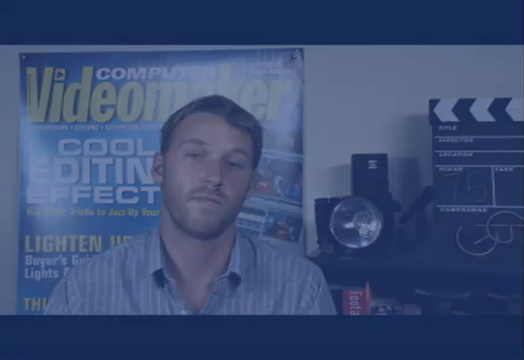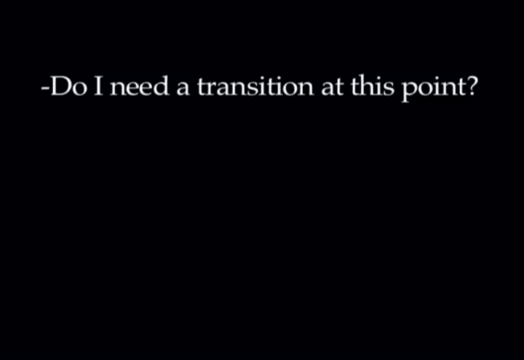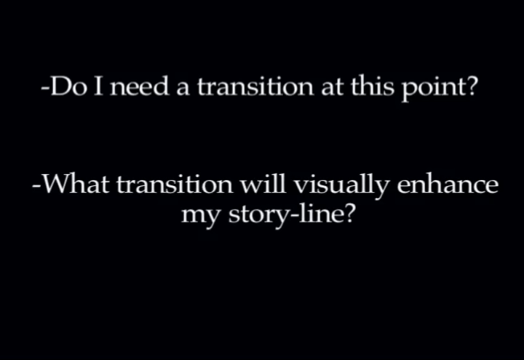So if you're asking yourself, should I place a cut, a fade, or a dissolve in a certain part of your film or video, perhaps you should stop and ask yourself these questions. First, ask yourself whether or not you need a transition. From there, it's good to ask yourself what transition could help convey the message you're trying to convey, or possibly add visually to what you're trying to tell in your story.